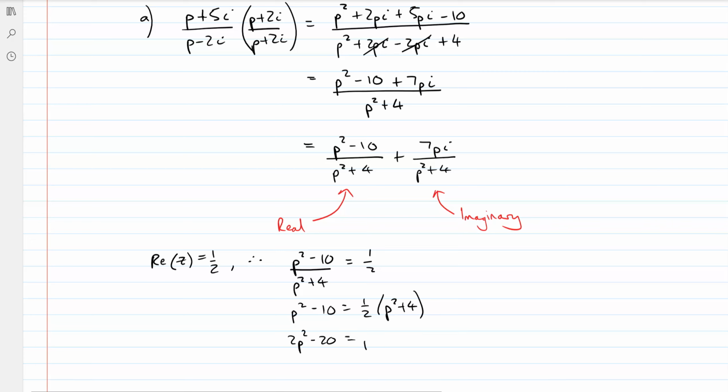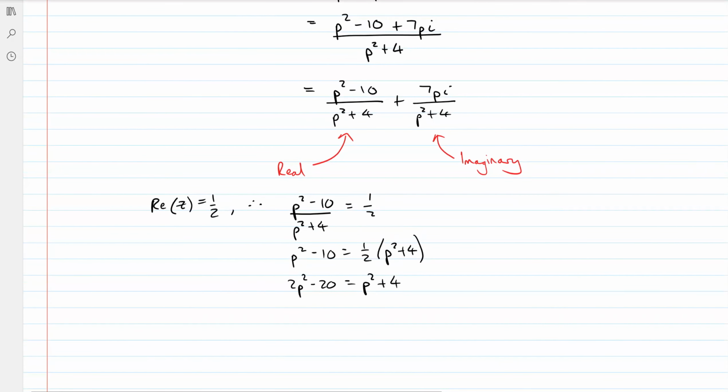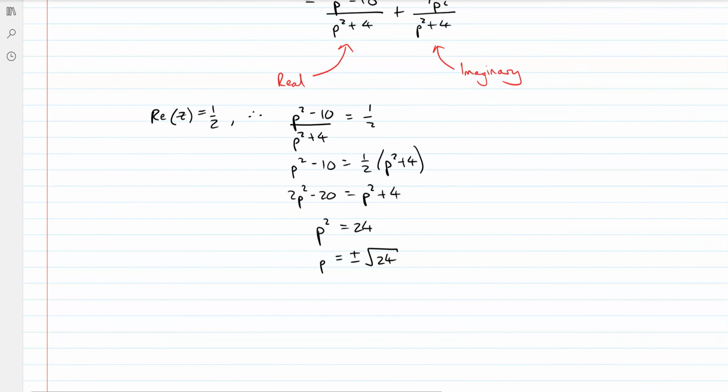Times this side by 2, times this side by 2 will cancel the half. And we're going to minus p squared and add 20. So we get p equals plus or minus root 24, and we know that p is greater than 0. So therefore p must be the positive square root of 24, and this is root 4 root 6. So p is 2 root 6.